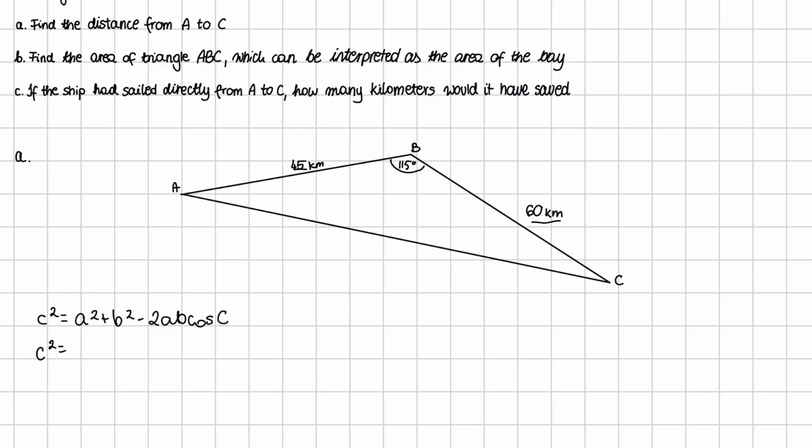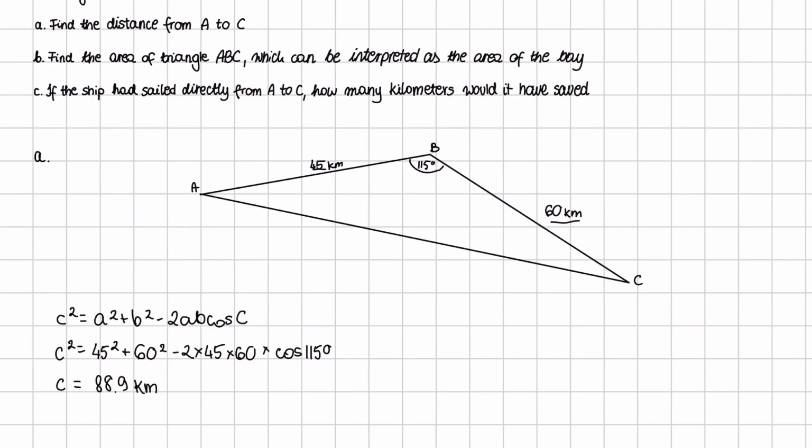So maybe 45 squared plus 60 squared minus 2 times 45 times 60 times cosine of the angle between these sides, so cosine 115 degrees, and we have to calculate the value of C. So C is 88.9 kilometers.